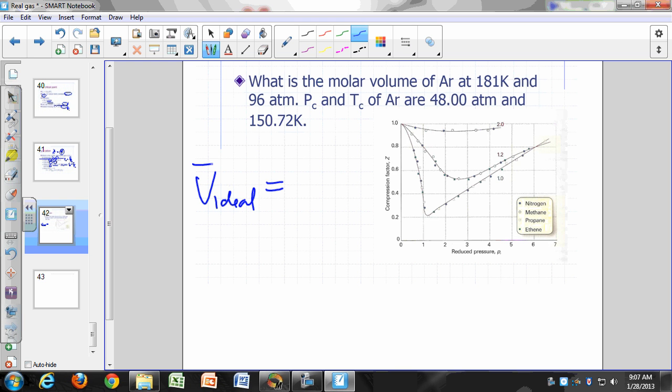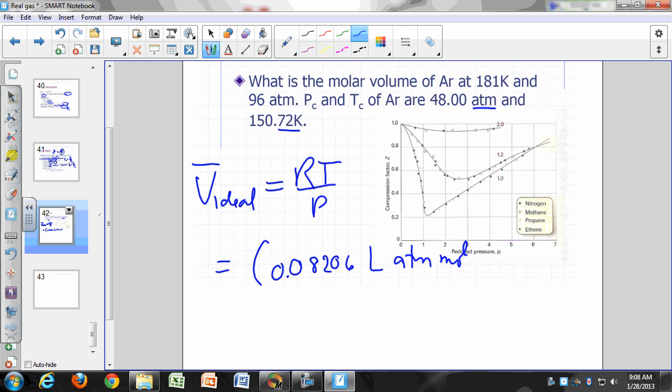Ideal molar volume, RT over P, right? So what's RT over P? What's our R? Since we're dealing with atmosphere and Kelvin, what value of R do we use? 0.08206 liter atmosphere per mole per Kelvin.